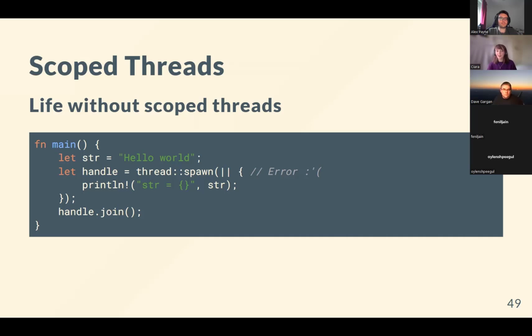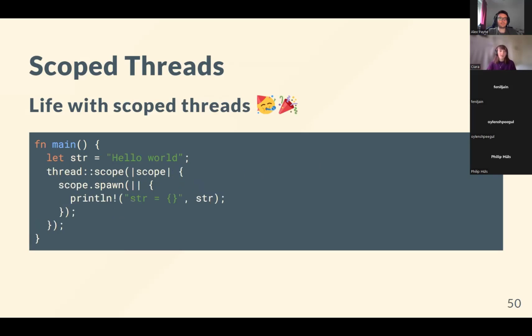So here I've got my string slice, and I'm saying, okay, I want to print it, but I'm going to do that on a separate thread. I'm going to spawn the thread. Now I know that that thread is joined before the string goes out of scope, but the borrow checker doesn't know that. So we're going to get an error. It's going to need to either have a static lifetime or it's going to need to be moved into the thread. But with scoped threads, we can do this now.